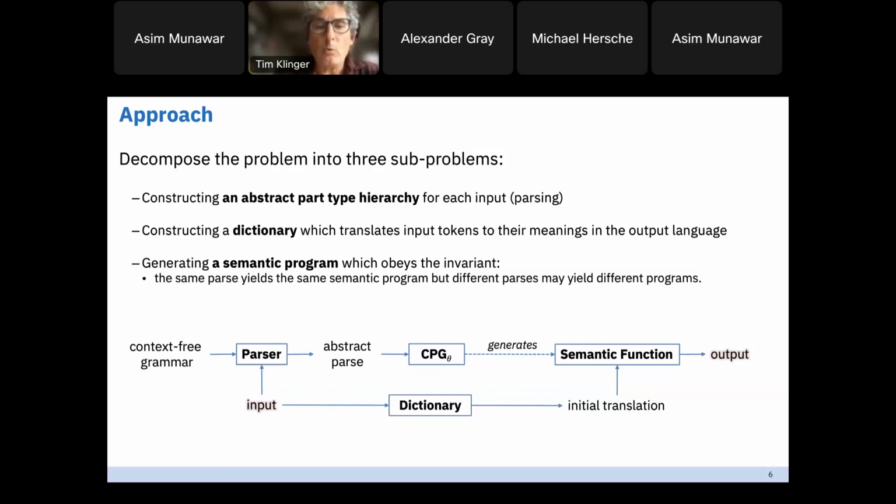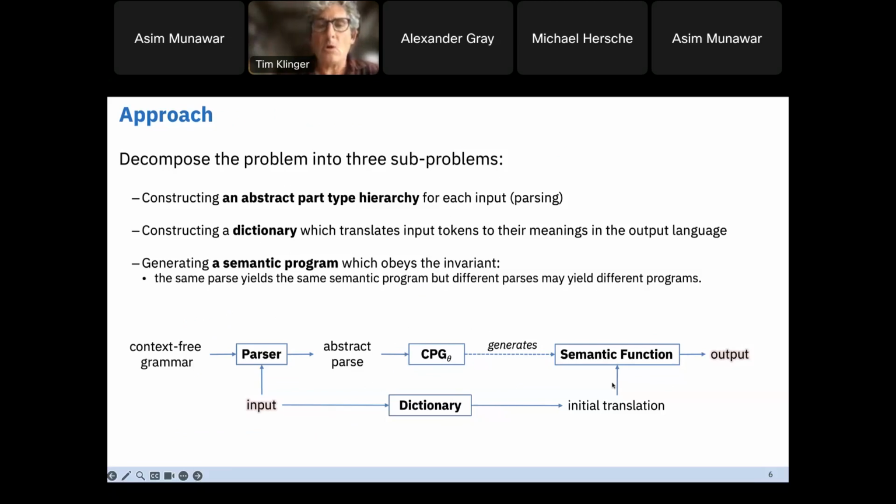And what we're doing is what's in the CPG box, the CPG theta box. This is where things get learned. This CPG theta is generating each input that's aligned with the parse. And it applies that semantic function to a dictionary translation of the input to get the output.